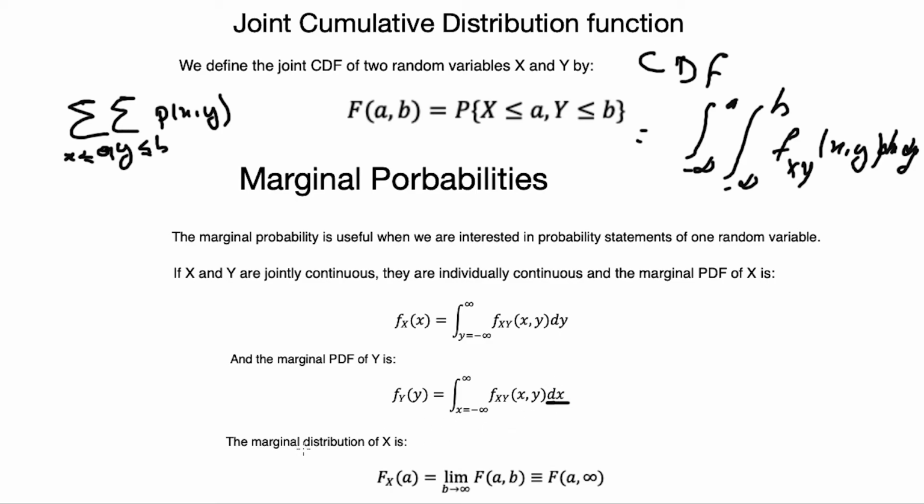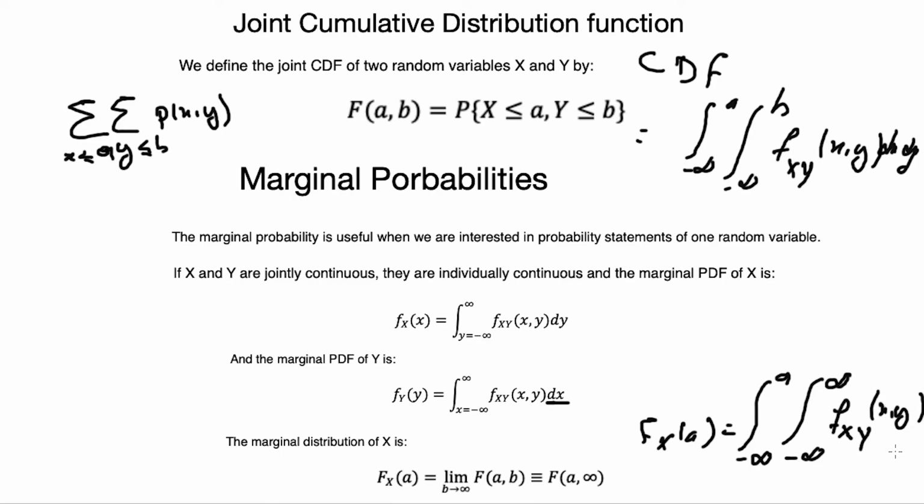We can define the marginal distribution of X by F_X(a) equals the limit as b goes to infinity of F(a, b). In this case, F_X(a) will be equal to the integral from negative infinity to a, and the integral from negative infinity to infinity, of f_XY(x, y) dx dy.